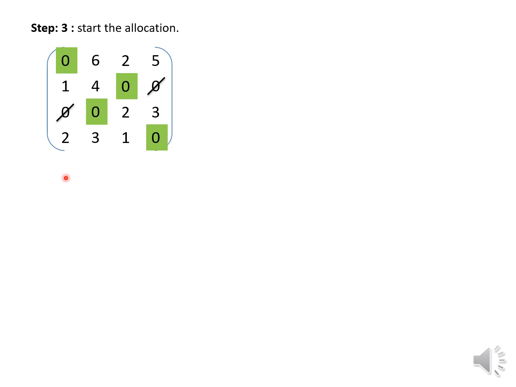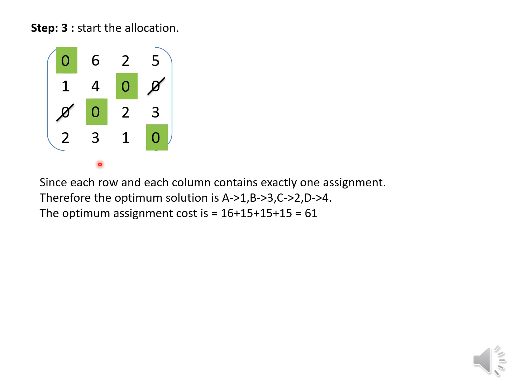If so, we start to write the assignment path as well as the assignment cost. Otherwise, we have to do the problem by some other procedure. Now check. Each row and each column has one assignment. If so, we write the optimum solution.